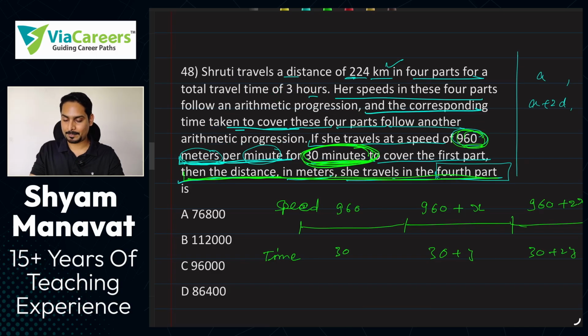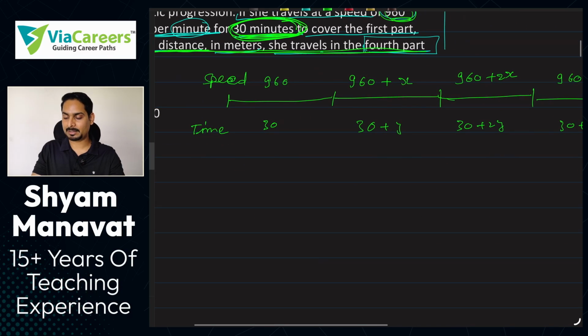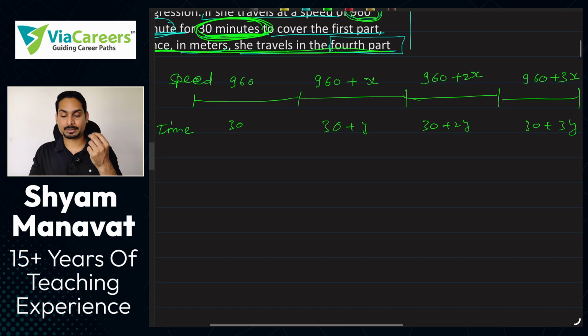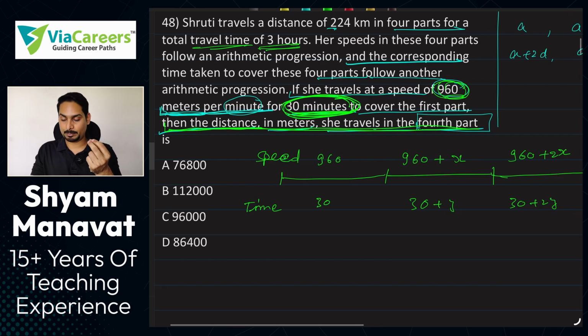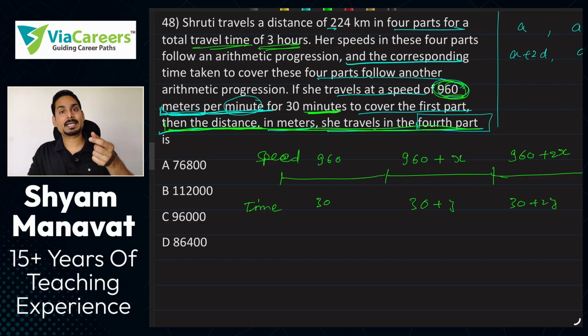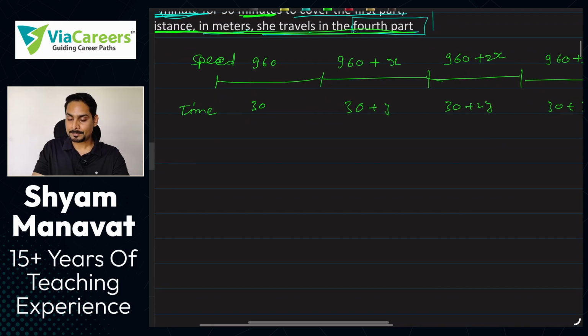Let me clean this up now. So, the total time is 3 hours. What does it mean? If I add all the times mentioned over here, it should give me 3 hours. But you can see the unit of time we are using here is minutes. So we will convert the 3 hours into minutes.